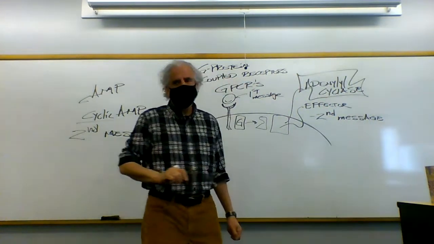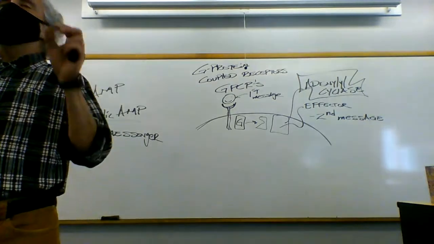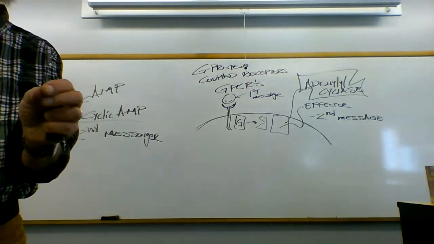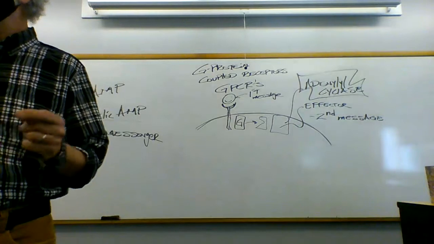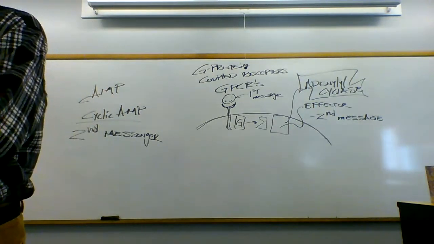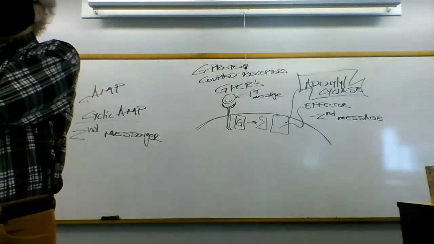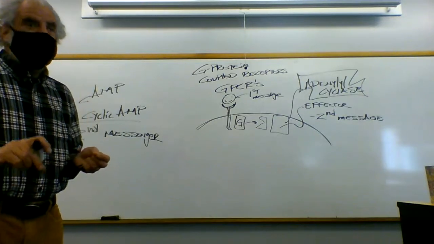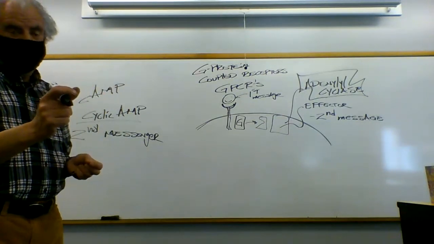Adenylyl cyclase is taking ATP and converting it into cyclic AMP. That is big time activation. And it does it really fast.